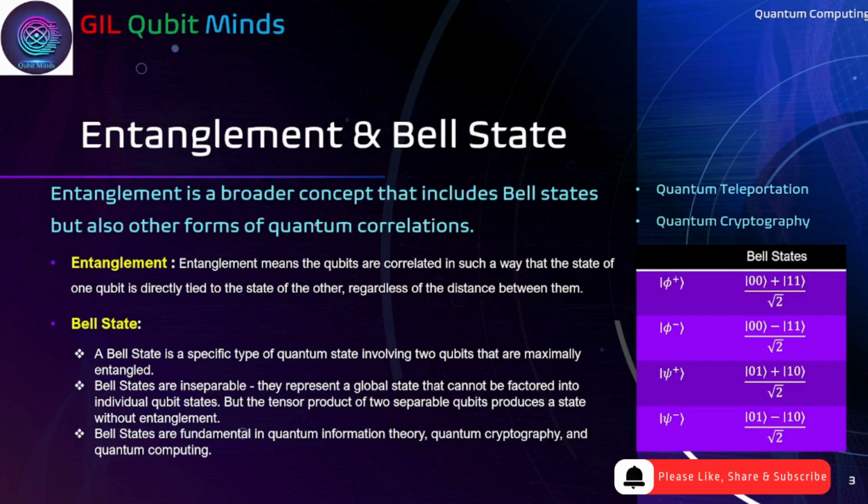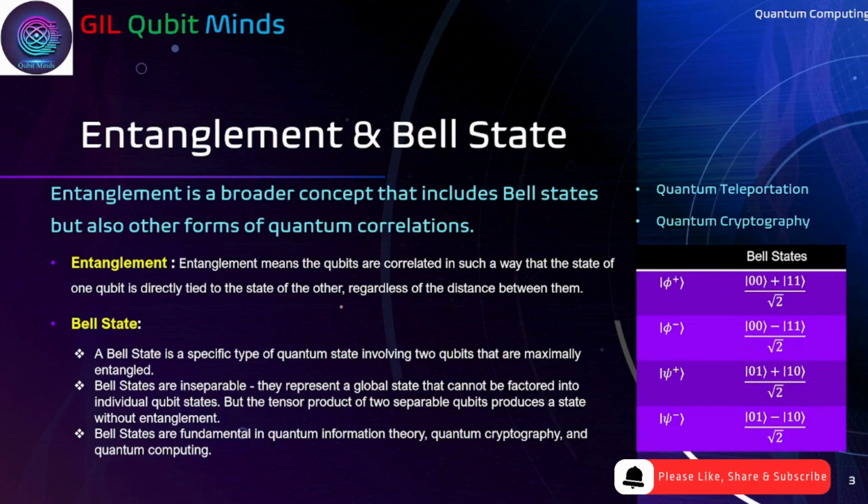Now we have to understand the phenomenon of entanglement. Entanglement is a broader concept that includes Bell states but also other forms of quantum correlations. Basically, the qubits are correlated in such a way that the state of one qubit is directly tied to the state of the other qubit, regardless of the distance. Wherever we keep them, there will be correlation between the two qubits.